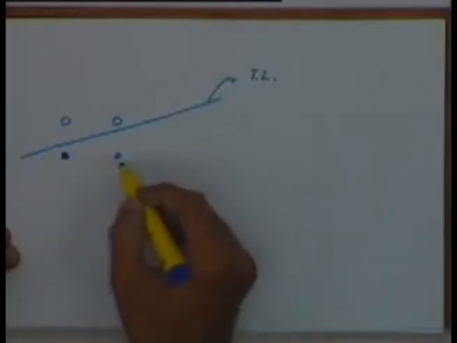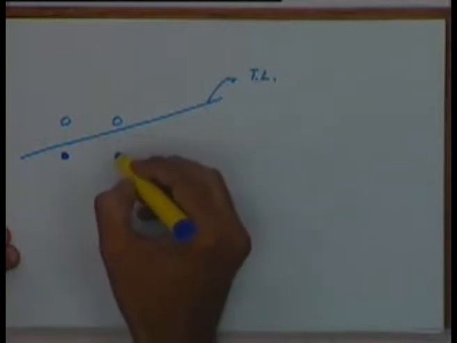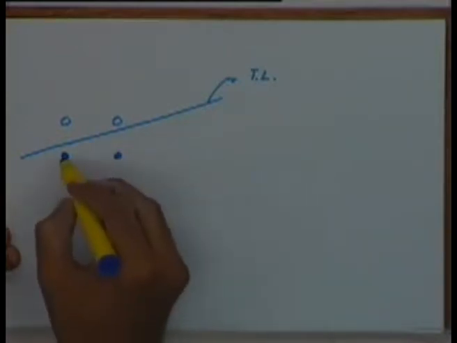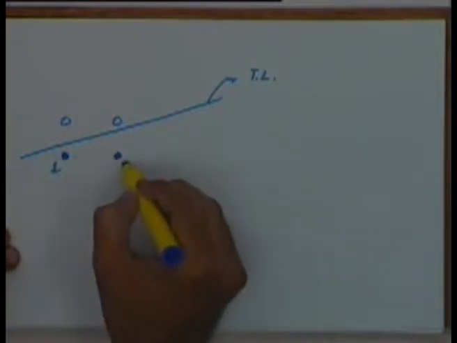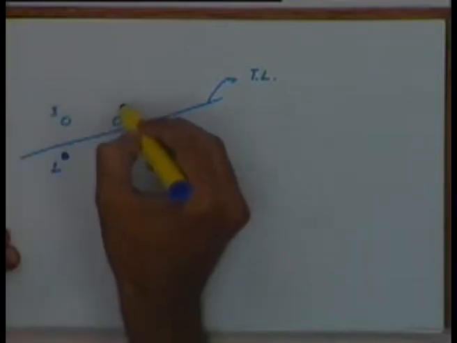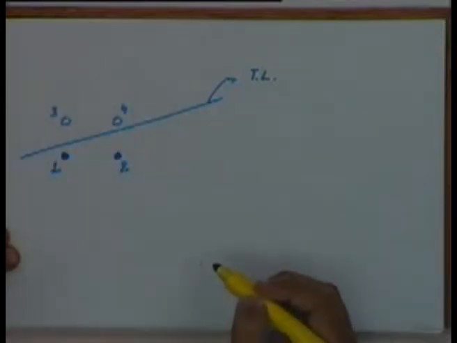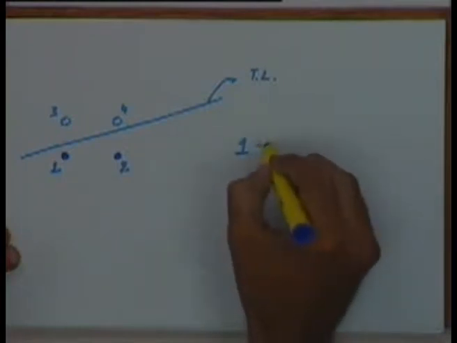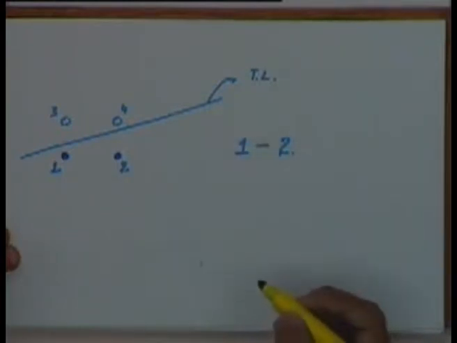The first pixel is this one. Let's say the second pixel that is displayed is this pixel. So this is the first pixel, this is the second pixel to be displayed. We'll number them. If initially pixel number 1 is displayed and then pixel number 2 is displayed, we'll see how the error would be defined in the two cases.